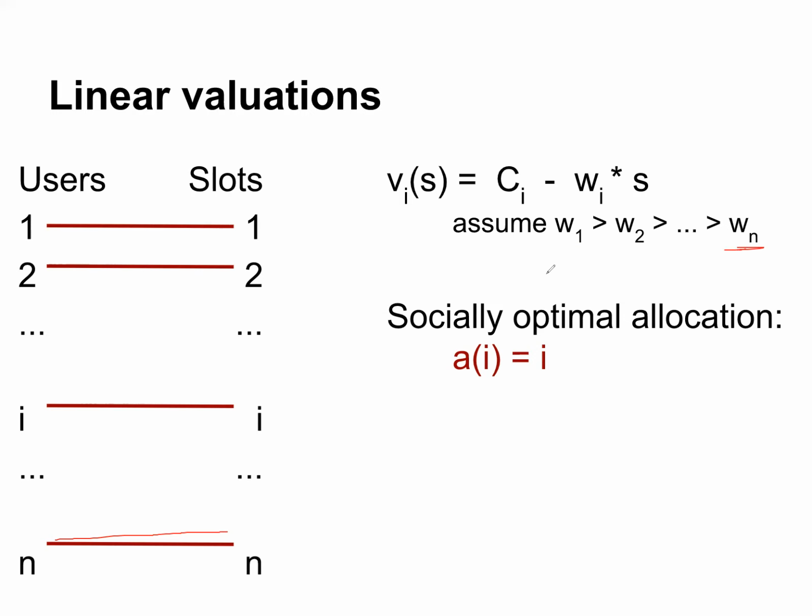His waiting or impatience coefficient, so his weight is so low, maybe it's equal to 0. It doesn't matter when you land that user. So it makes sense that the socially optimal allocation assigns users to the slots in the order of users' impatience.